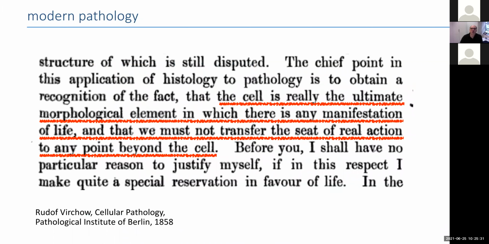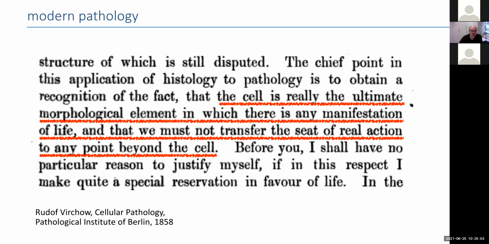I'm sorry this is not the greatest figure here, but this is a copy of Rudolf Virchow's cellular pathology book. And he's basically stressing the fact that the cell is really the ultimate morphological element we should look at. It manifests changes of life.